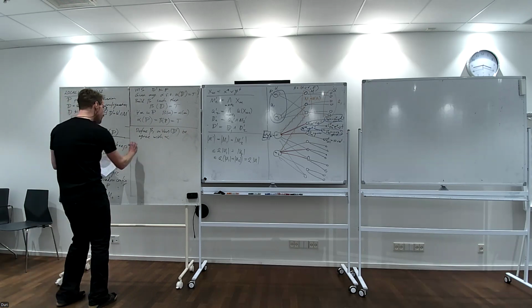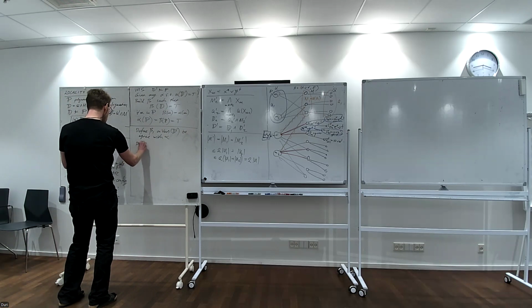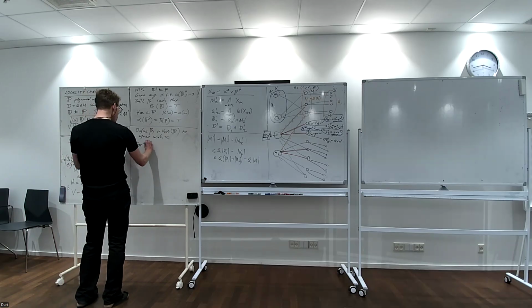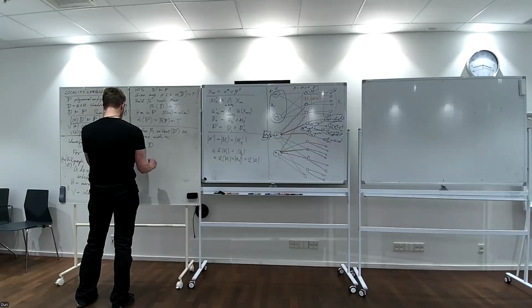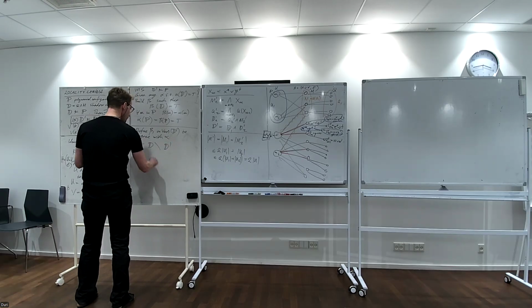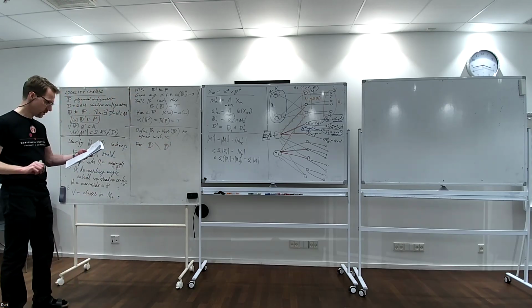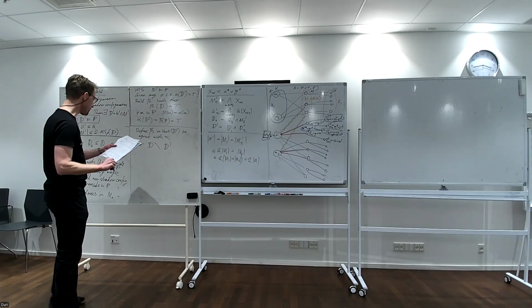Okay, now the problem is, let's look at what we have now. Well, we have the guys in D that do not appear in D prime.